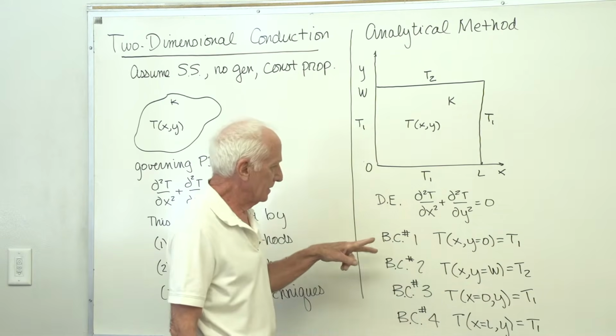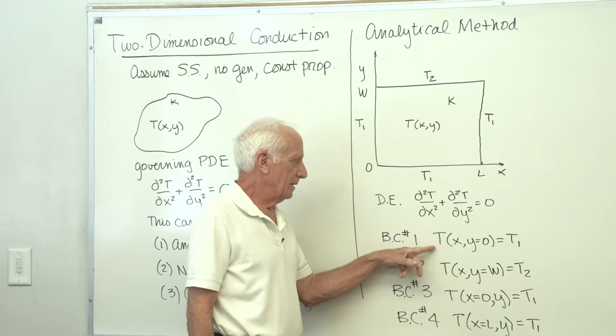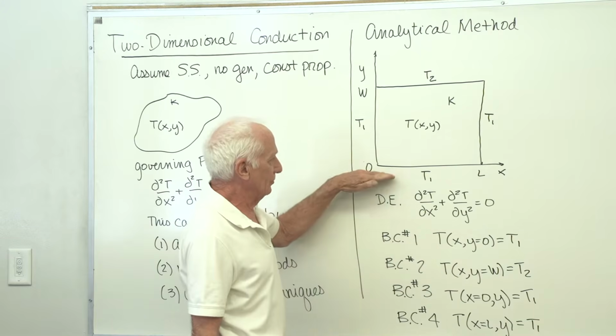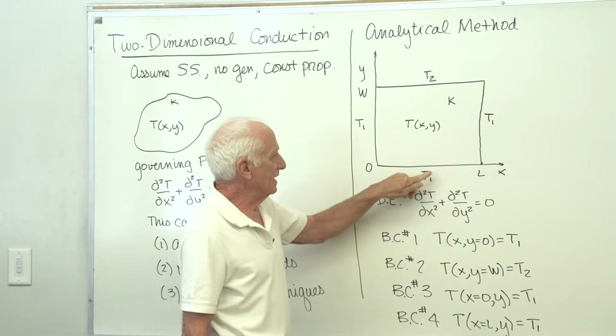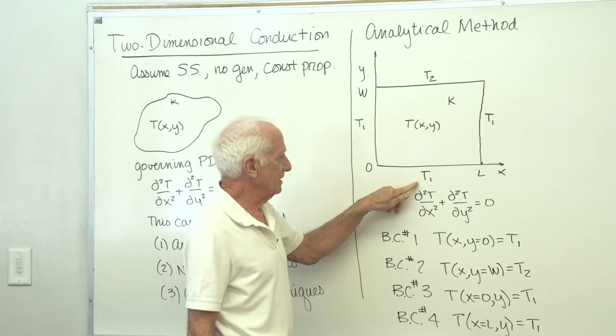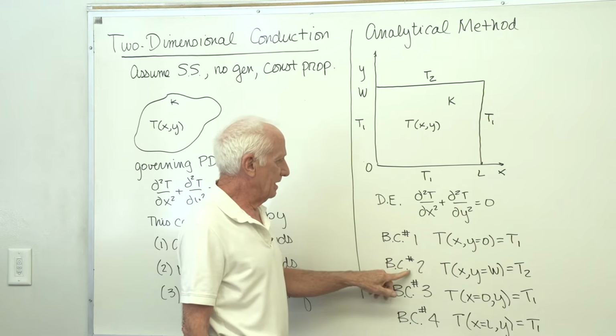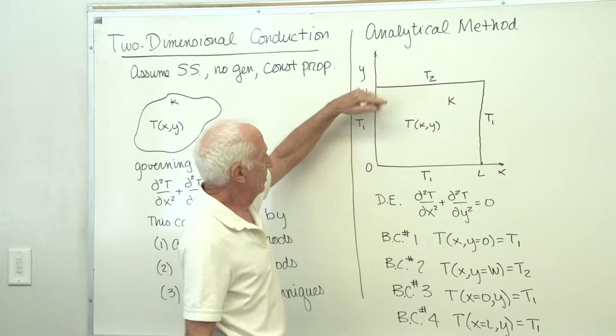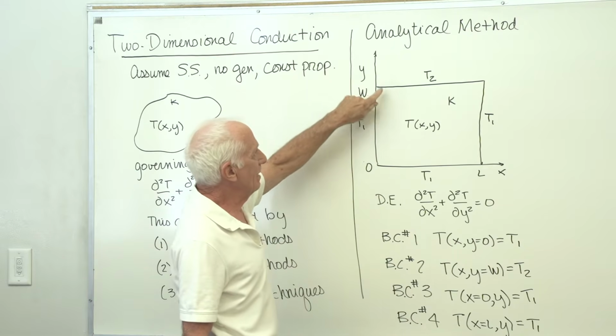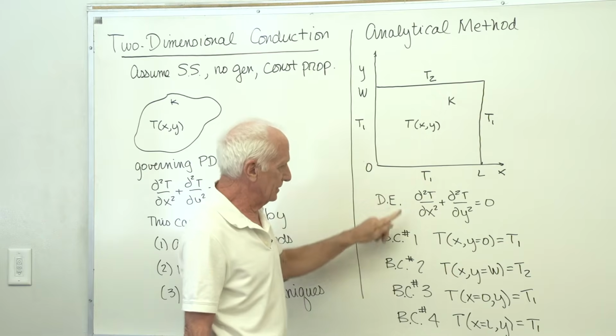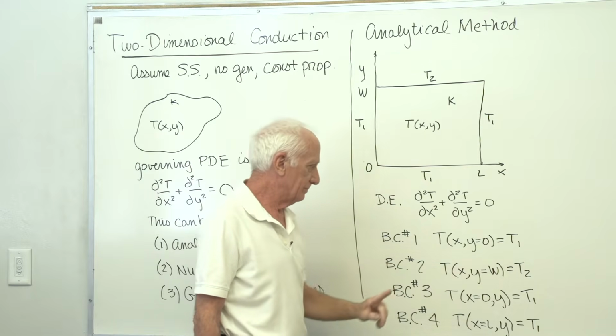Here they are. BC number 1. If I go to y equals 0, the bottom, no matter what the x value is, the temperature is T1. Okay, that's this one. BC number 2. At the top, when y equals W, no matter what x is, T equals T2. Got it.